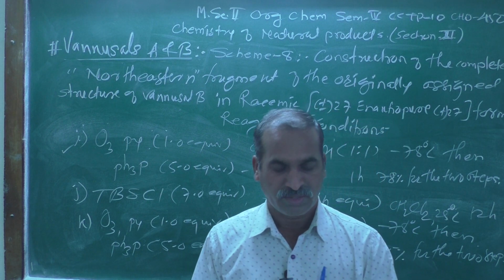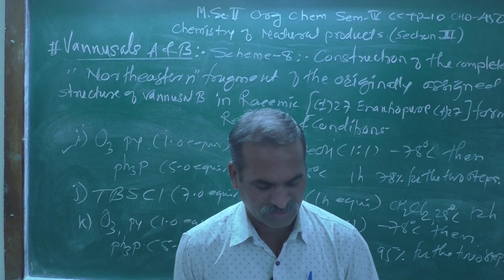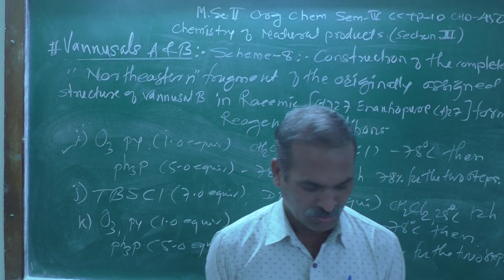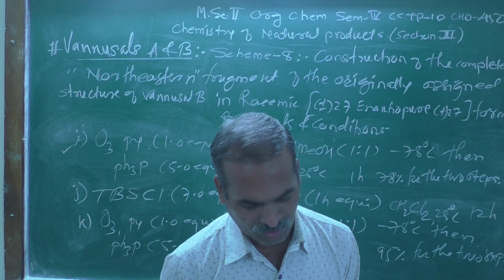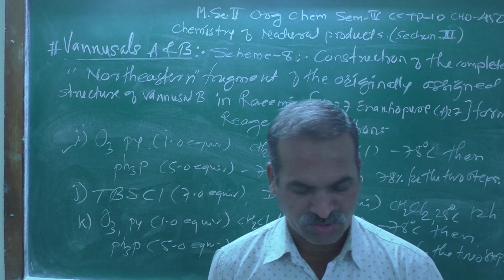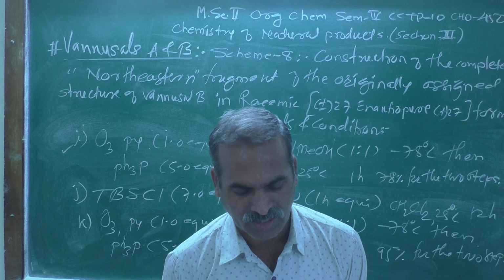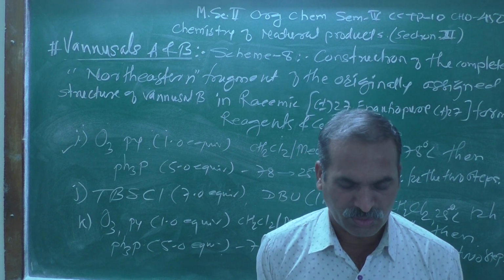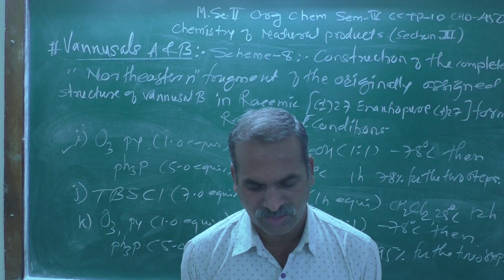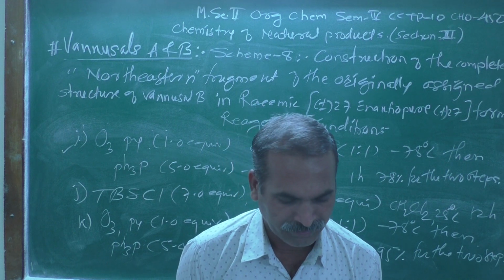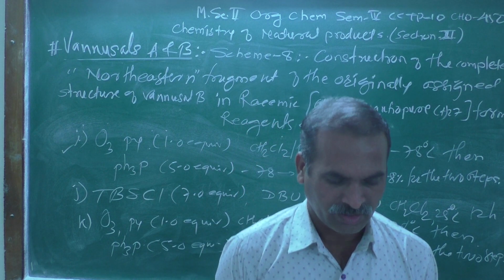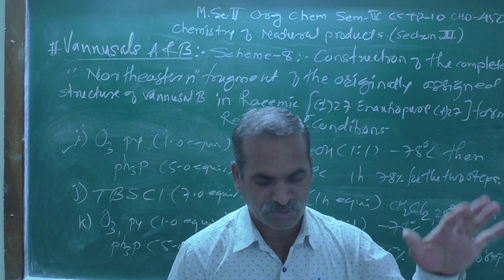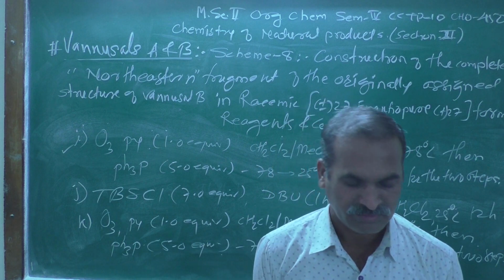Thus, exposure of triols plus-minus 41 and plus minus 42 to 2-methoxypropene in the presence of catalytic CSA resulted in the formation of acetonides plus-minus 43, 82% yield, and plus 44, 91% yield respectively, as shown in scheme number 8.